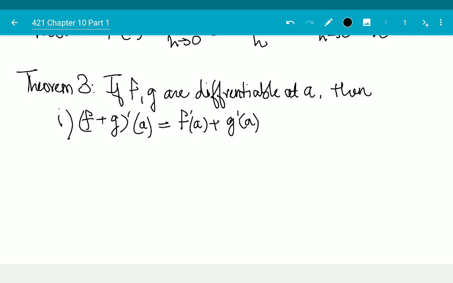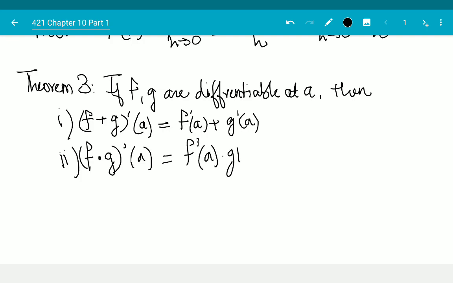That is to say, f plus g is differentiable, f multiplied by g is differentiable, f multiplied by g prime at a. Well, everything nice holds true. This is not as nice. This is f prime a times g of a plus g prime a times f of a, right? 3.